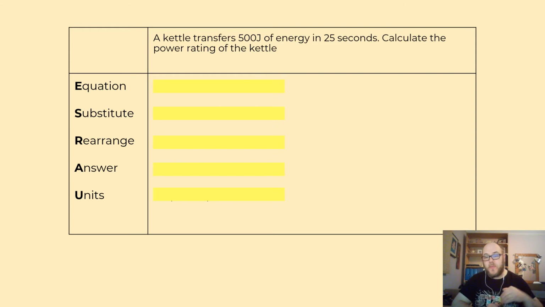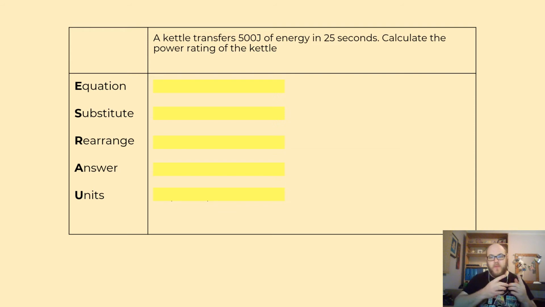So SRAO: E stands for equation, S substitute, R rearrange, A answer, and U units. And if you always think of SRAO, you will always make sure you don't miss silly things like the units. Lots of students will just write a number down and forget the unit, and they'll lose a mark.